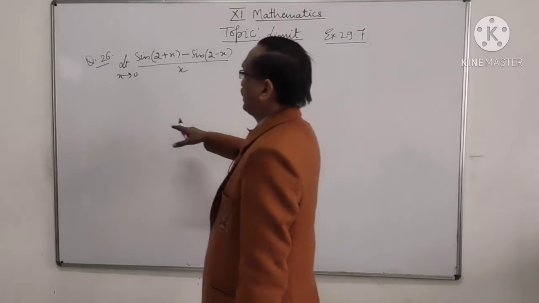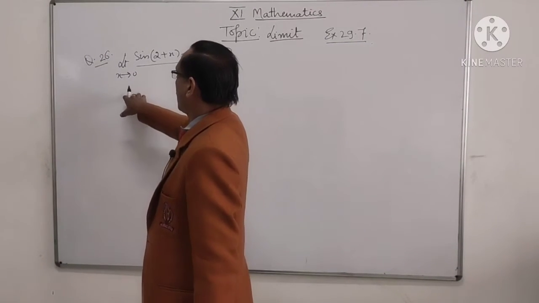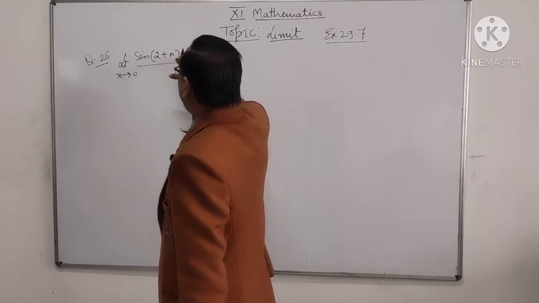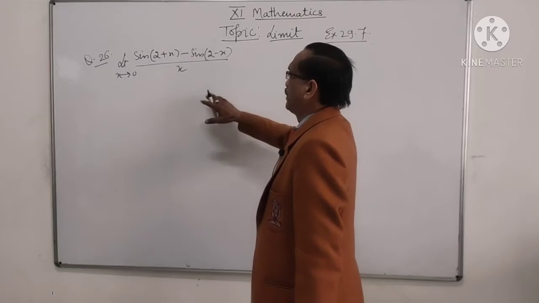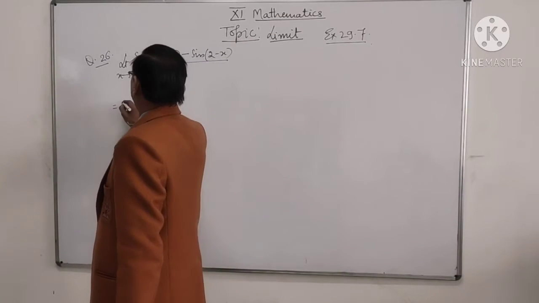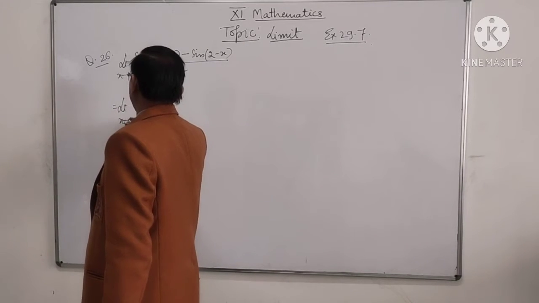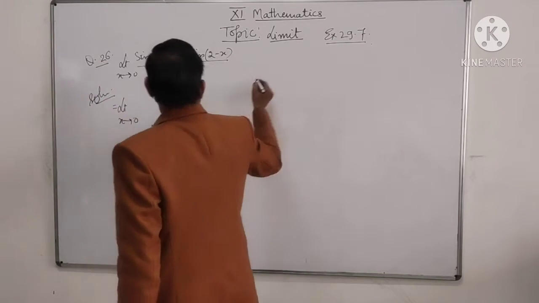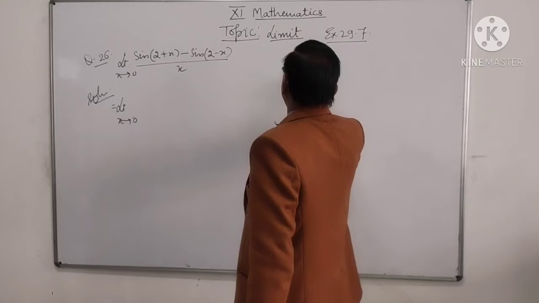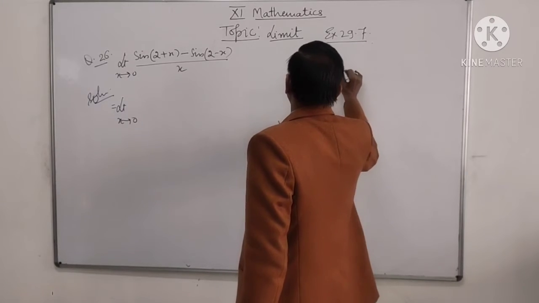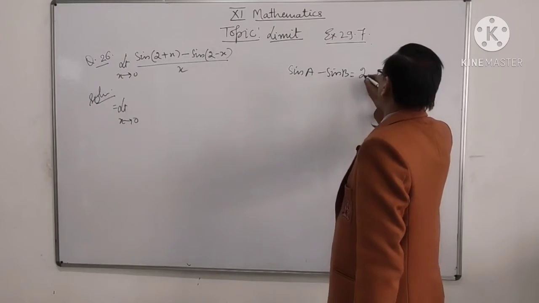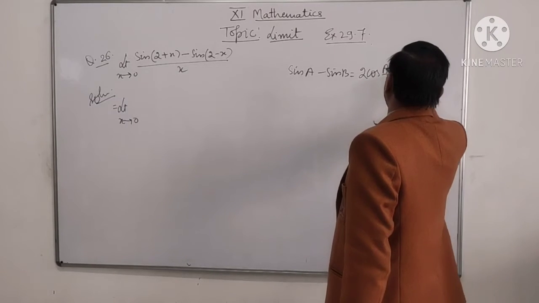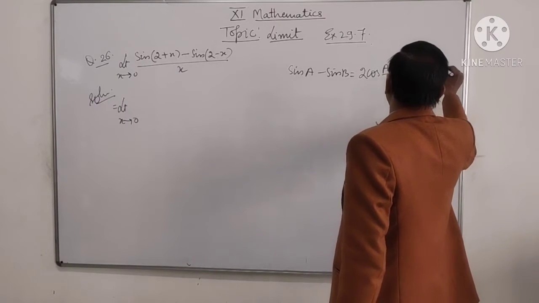Next is question 26. Limit x tends to 0 sin(2 plus x) minus sin(2 minus x) divided by x. Apply the formula sin A minus sin B equals 2 cos (A plus B) by 2 into sin (A minus B) by 2.